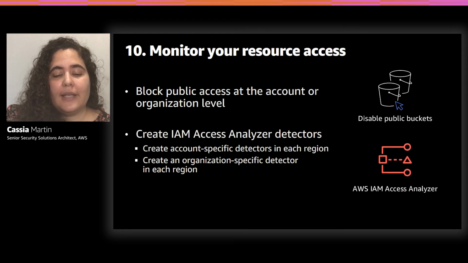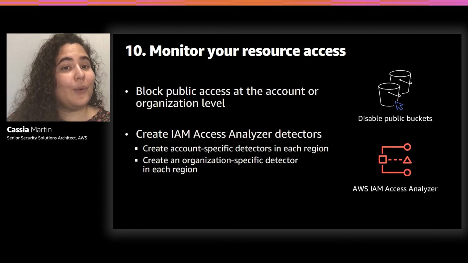Another tool to help you monitor your resource access is IAM Access Analyzer. This was introduced at re:Invent in 2019. It's a tool that came out of our automated reasoning group, whose goal is mathematically provable security. So the particular questions it answers are, what is shared outside my account?